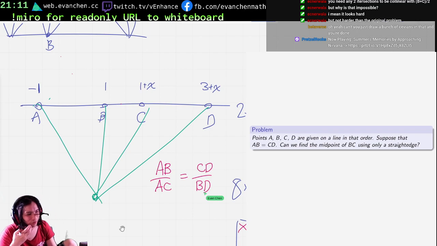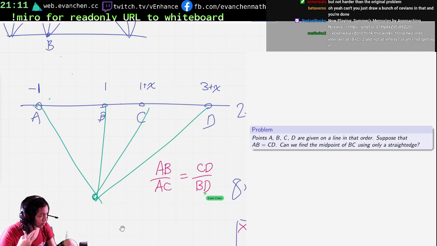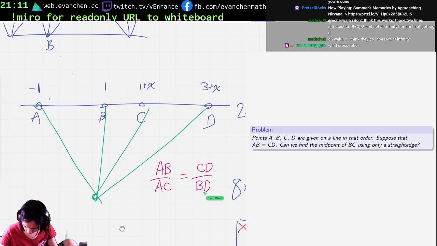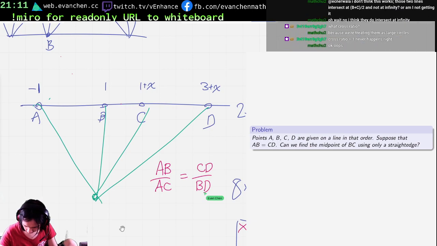Hang on, am I crazy or is that cross-ratio 1? Okay, really?